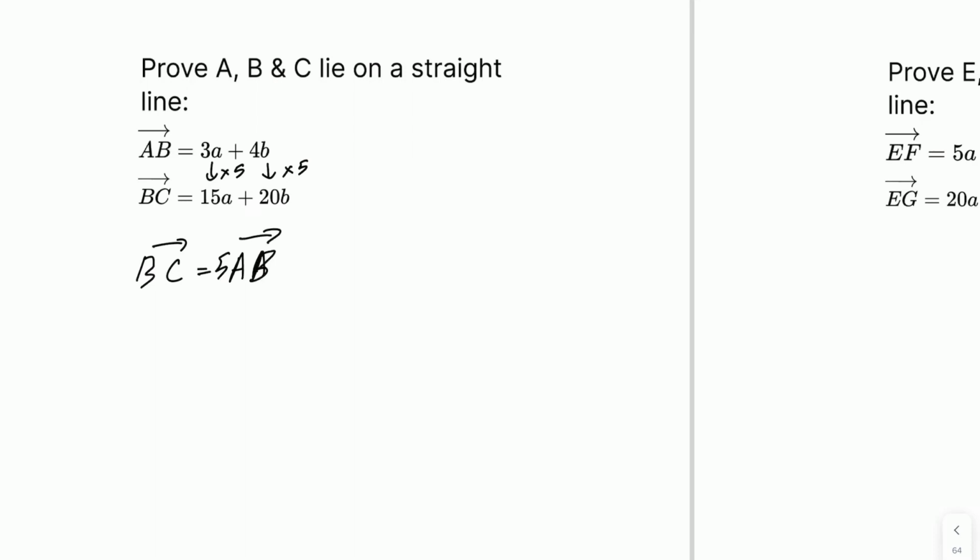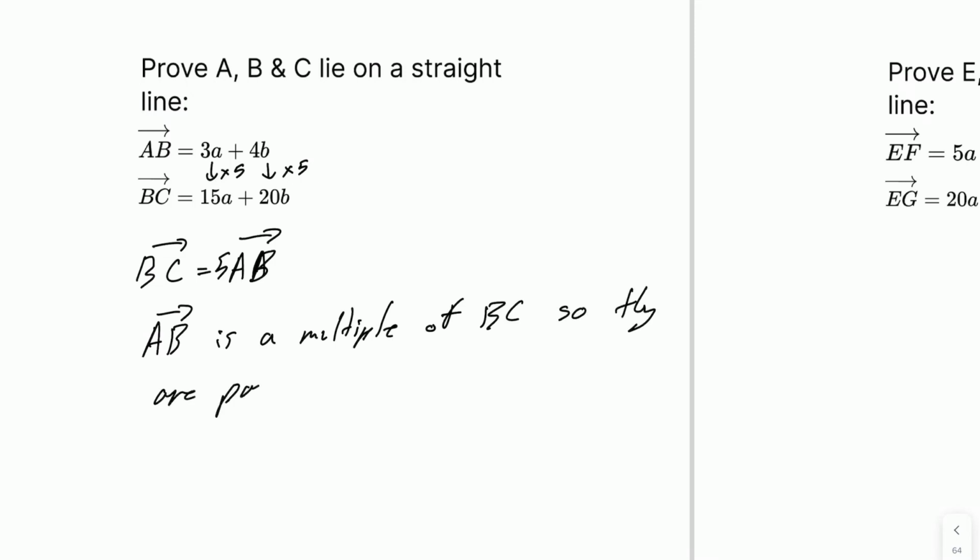Okay, so then I need to write that AB is a multiple of BC, so they are parallel. Now to get the next mark, you have to write they both share.